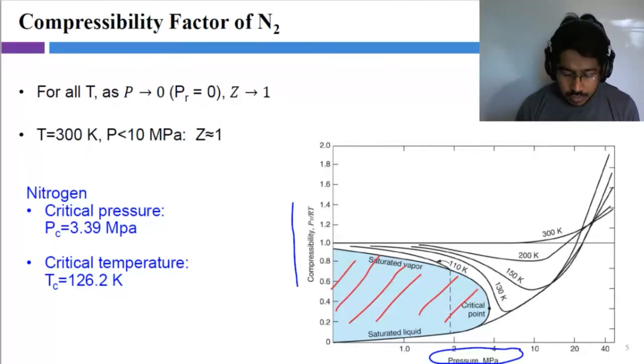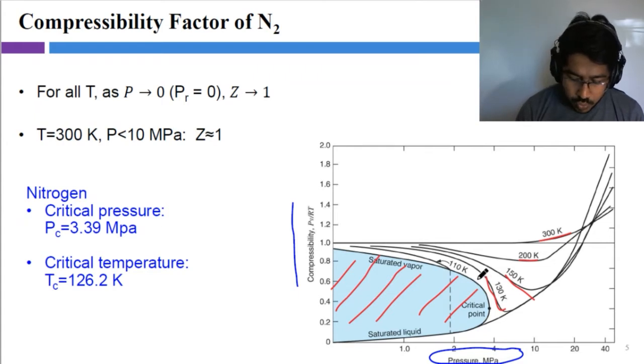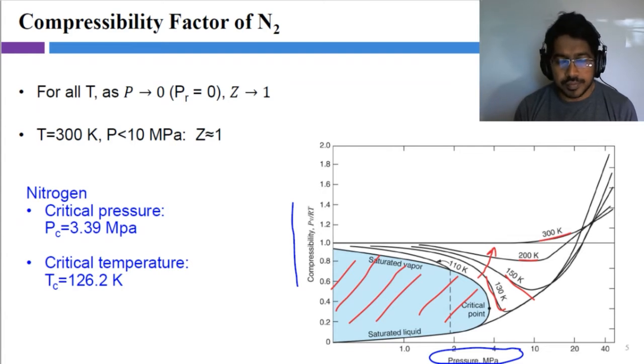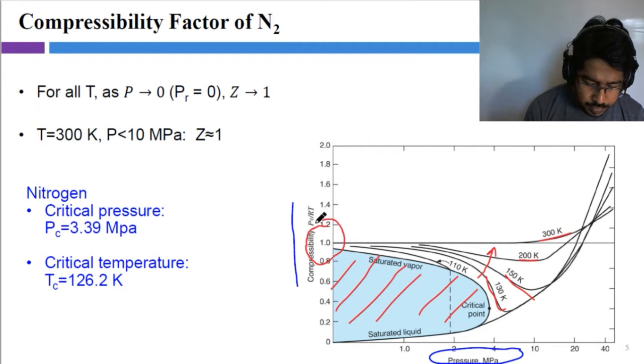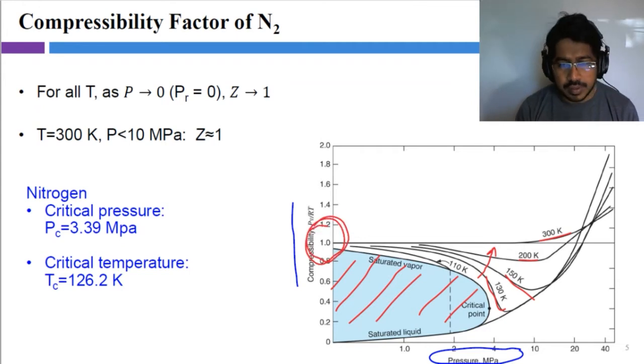Now, outside the dome, you see that there are some isothermal lines drawn, 130 K, 150, 200, and 300 Kelvin, right? When you are moving in the direction of the arrow that I just drew, what can you see? Is there any speciality? We have Z equals 1 here, Z equals 1 here.